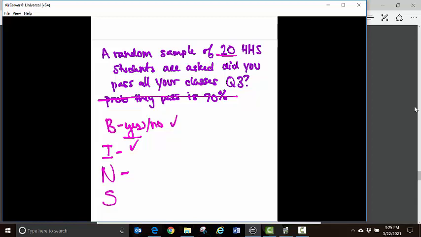If I say so, yes, and then it's a binomial. But in the real world, no. How much you studied, the type of classes, etc. It totally depends on each kid. So if I had left off that it was a 70% chance of everybody, then the answer is no, it's not a binomial. But since I put it in there, the answer is yes.